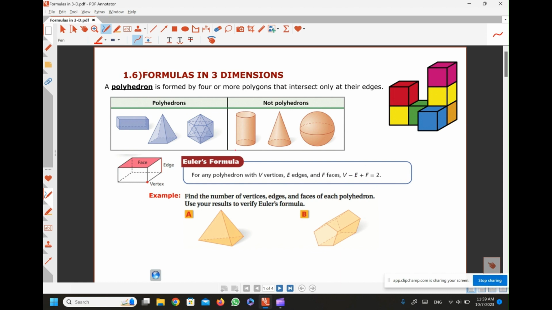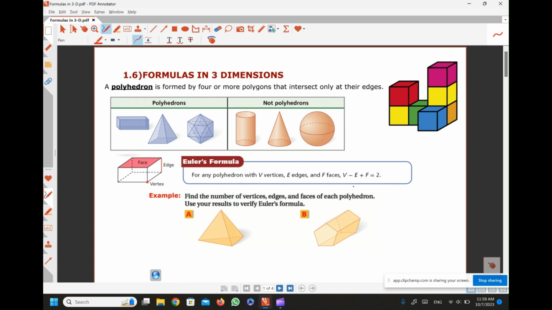So this is what Euler's formula says. Count the number of vertices, subtract off the number of edges, and add back the number of faces. You'll always get 2. It's an amazing formula.